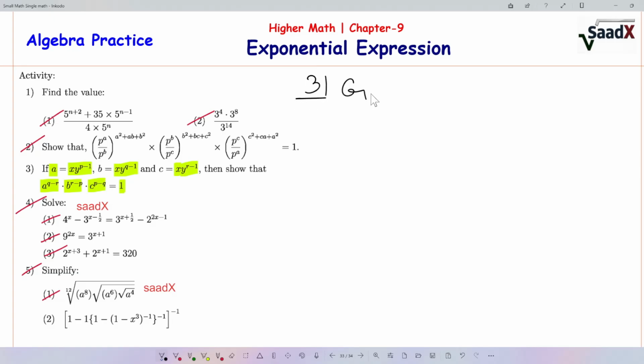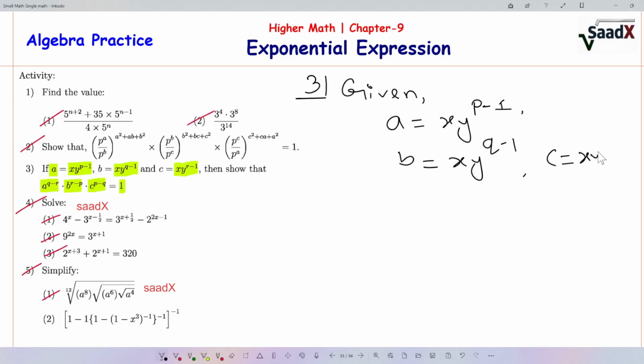Given a equals x y to the power p minus 1, then b equals x y to the power q minus 1, and c equals x y to the power r minus 1, and we have to prove that this term equals 1.